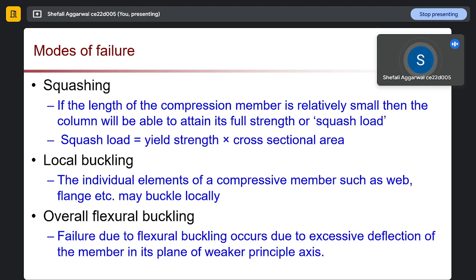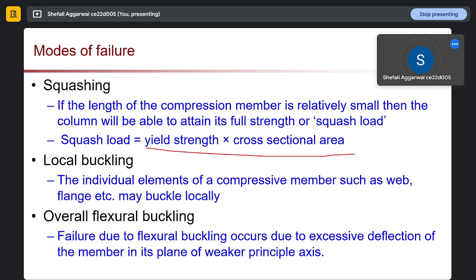So what are the different modes of failure of a compression member? The first mode of failure is squashing. If the length of the compression member is relatively small, then the column will be able to attain its full strength, or squash load. The squash load is given by yield strength times cross-sectional area.